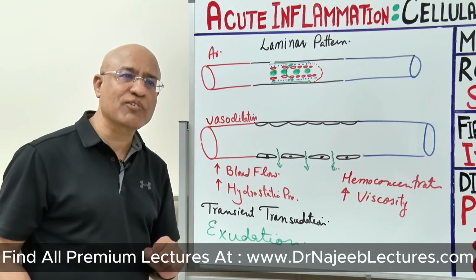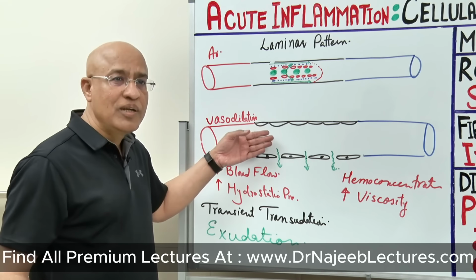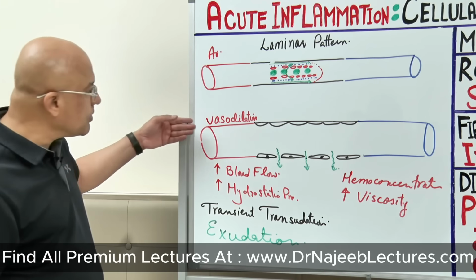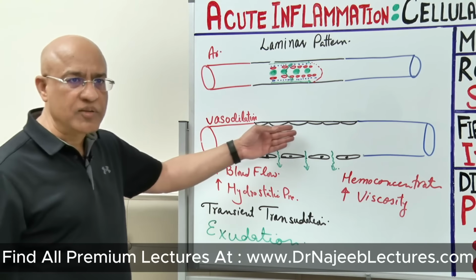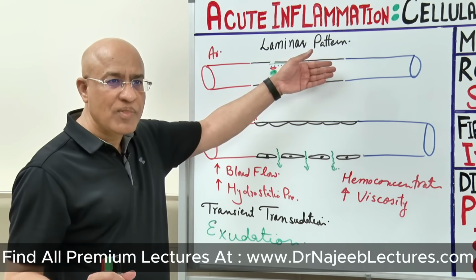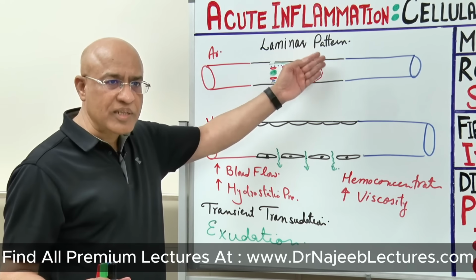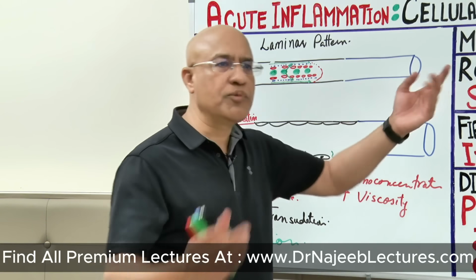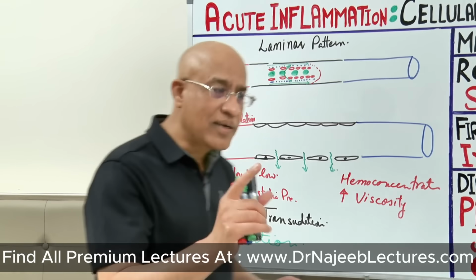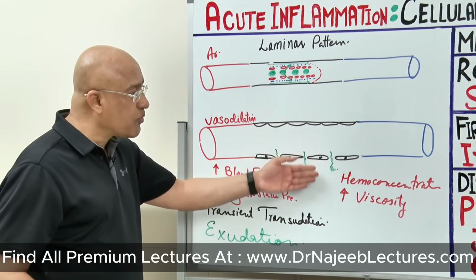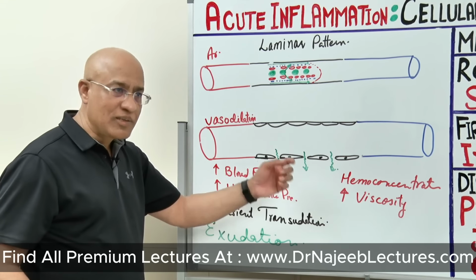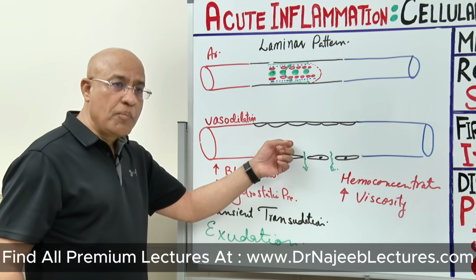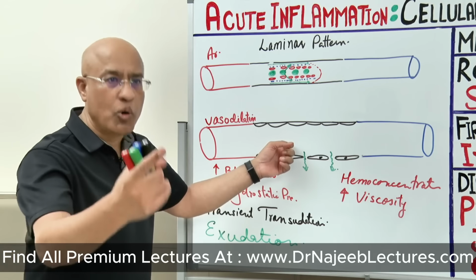When it has more viscosity, it will move slowly as compared to the normal blood flow. Normally, blood is coming from the arterial side, making some exchanges in microcirculation, giving the nutrients, for example, and removing the waste products, and then blood is moving to the venous side. But here there is too much fluid loss. So this hemoconcentration and increased viscosity make the blood flow slow.